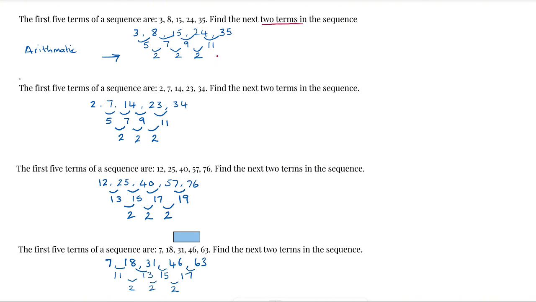So what we do is we get our 2 from here and we're going to add it to our 11. So now we've got 11 plus 2. So we know the next one in this line is going to be 13. That's all we've done.